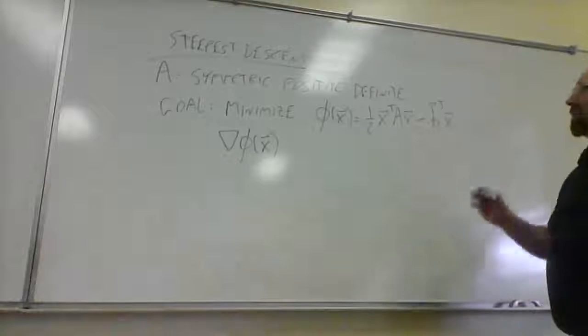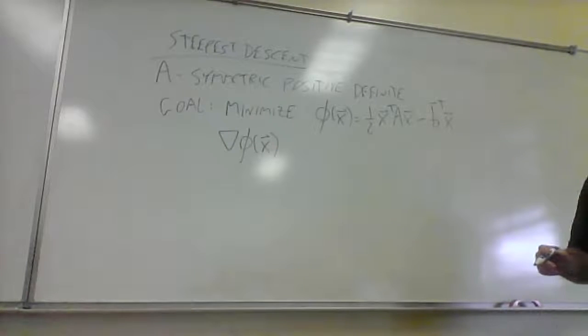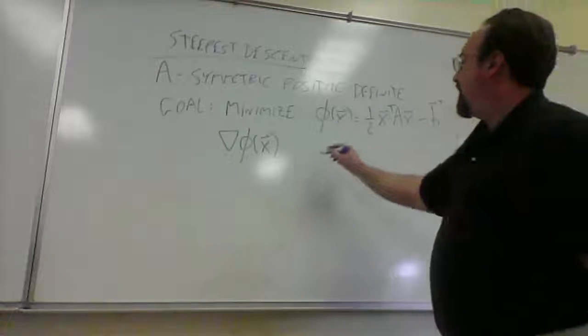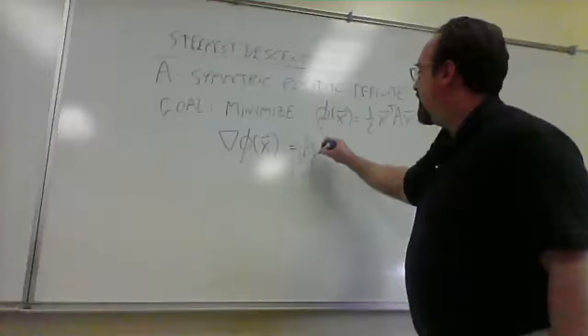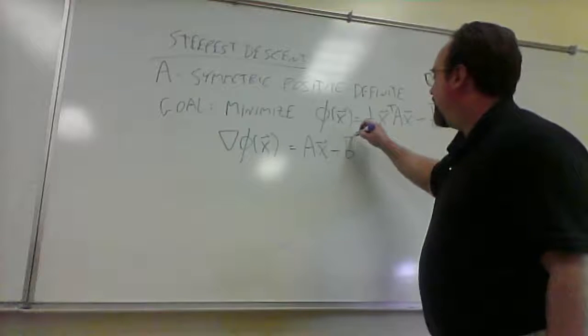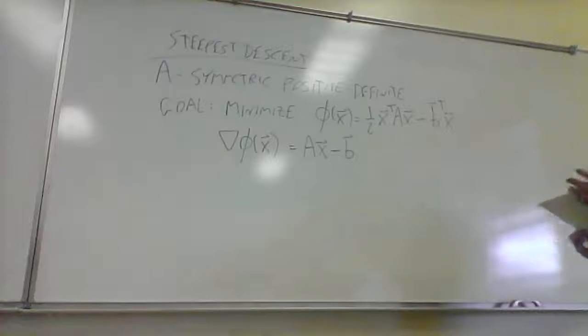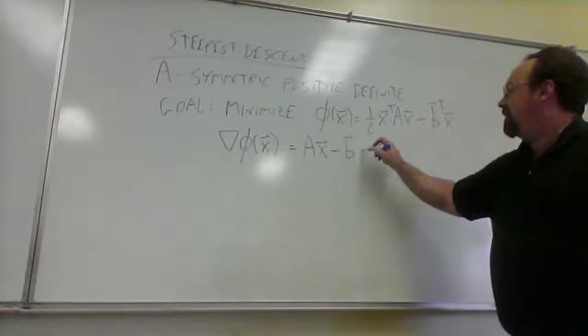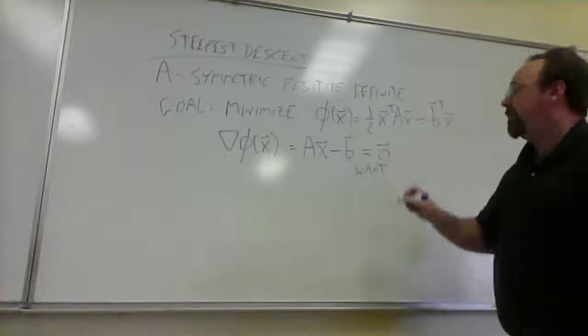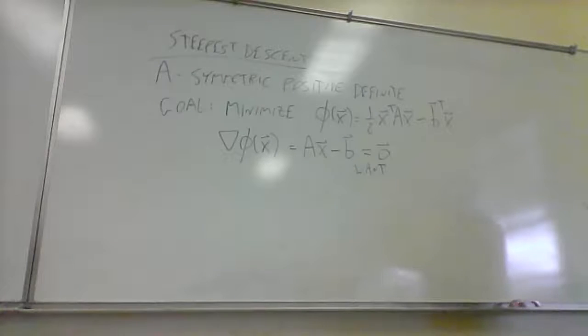It turns out the gradient in this case, and I covered these differentiation rules a long time ago, I won't go through how you work those out. You just have to look at everything on an entry by entry level. But the gradient turns out to be Ax minus b. And we want this to equal 0.